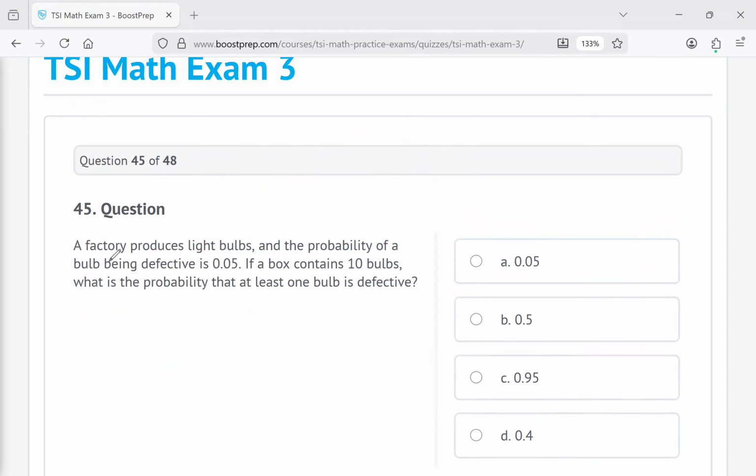Okay, 45. A factory produces light bulbs and the probability of a bulb being defective is 0.05. If a box contains 10 bulbs, what is the probability that at least one bulb is defective?